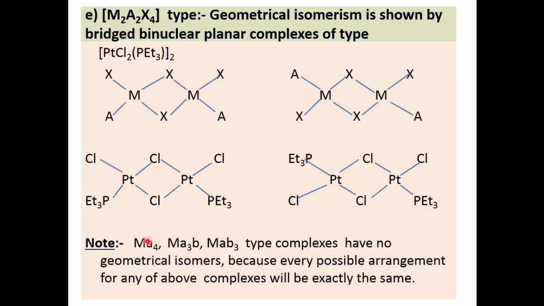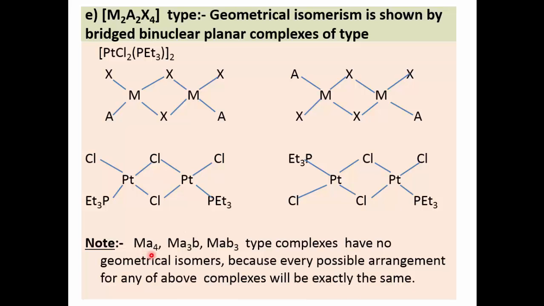Now see a very important point, complexes of type Ma4, Ma3b, MaB3. Of course, in these complexes, the coordination number is 4. 4 ligands are attached to metal atom or ion. These complexes do not show geometrical isomerism. They do not have geometrical isomers because every possible arrangement for any of these complexes will be exactly the same.